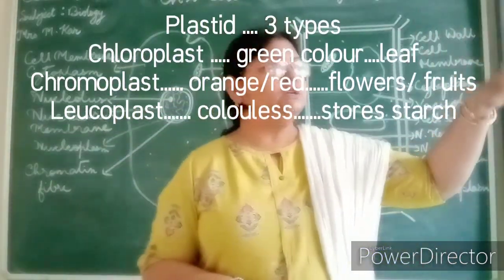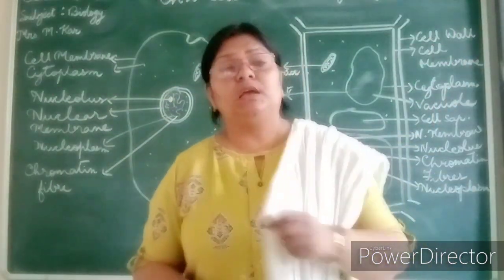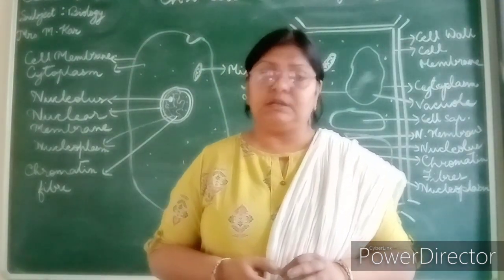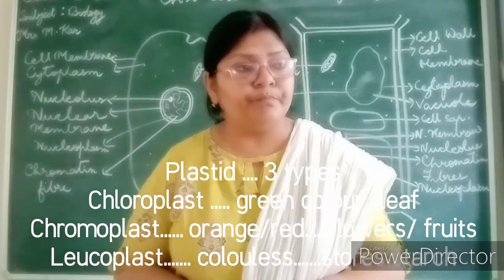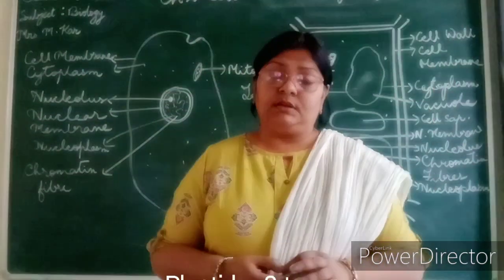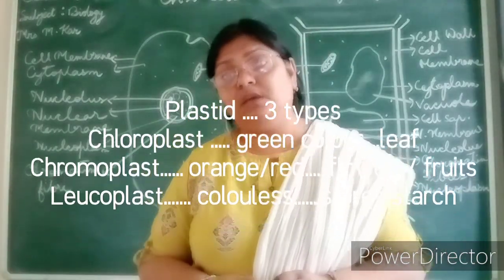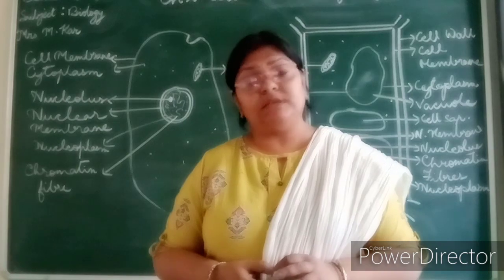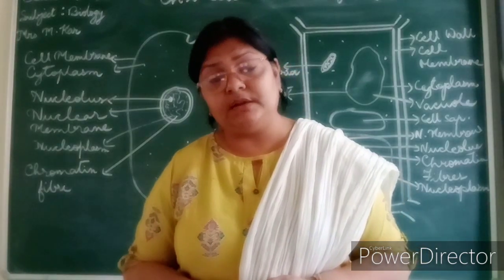So wherever you see green, whichever part of the plant, it actually has chloroplast in it, which contains chlorophyll. Chromoplast gives color to the cell. The chromoplast may impart yellow, red or orange color.